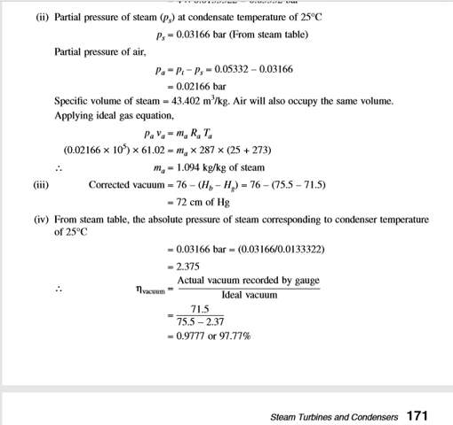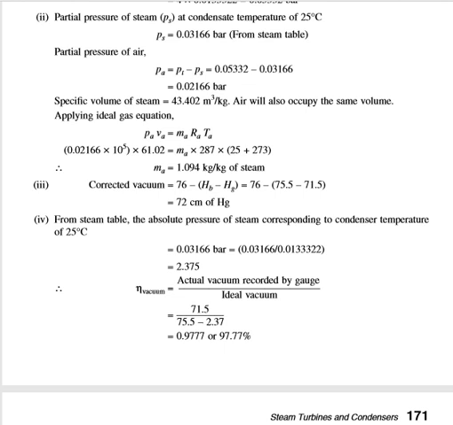Then again, from the steam table, from the condenser temperature, you get the value 0.0316 bar. You again convert this into cm of Hg by dividing by 0.013332, and we get 2.375. This is the absolute pressure of steam.